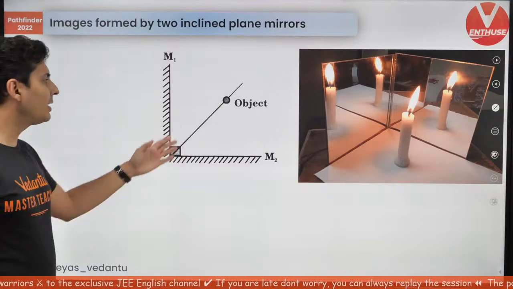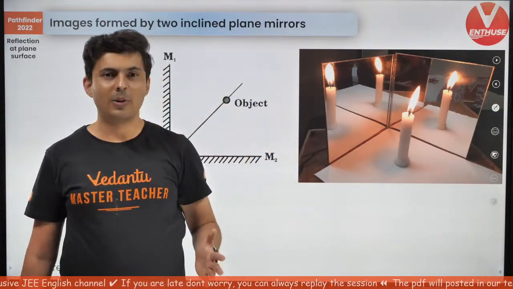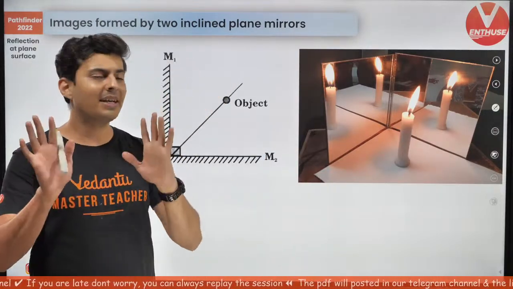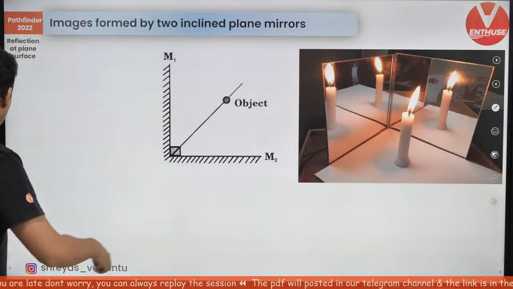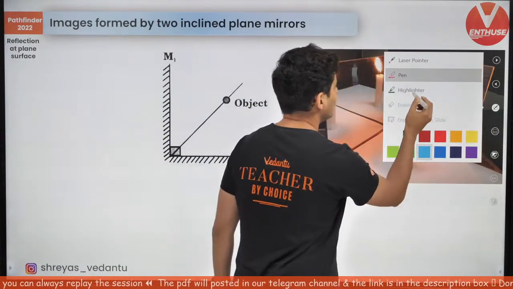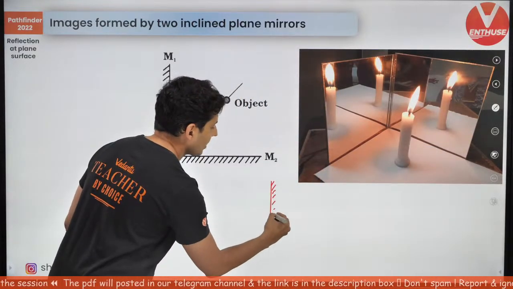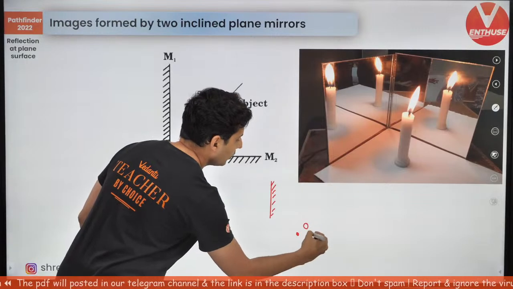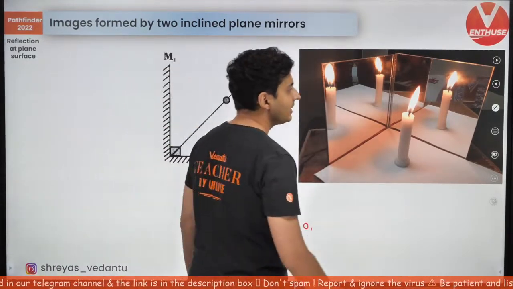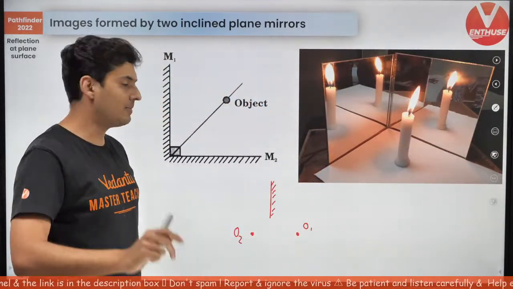There is a very easy way to find how many images are formed. Many students try to remember a formula and they screw it up. Don't mess it up. Very easy. What you need to do is remember this simple rule. I'll ask you one simple question. If you have a mirror here, and you place an object O1 and object O2 like this, out of these two objects, which object do you think will form an image?